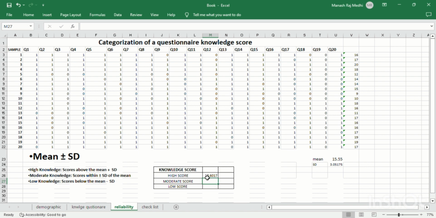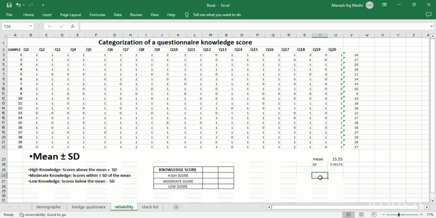So what is written here? Score above the mean plus SD. Okay, I'll repeat this again. Suppose we will calculate mean plus SD.